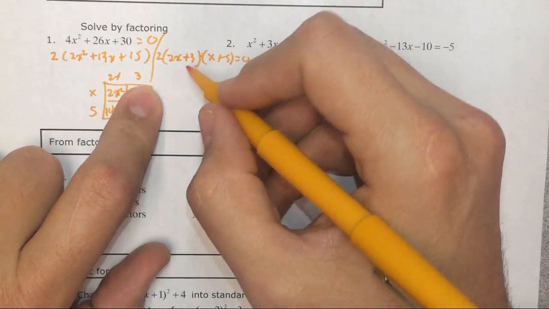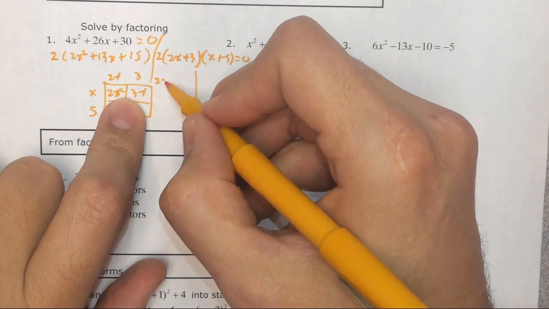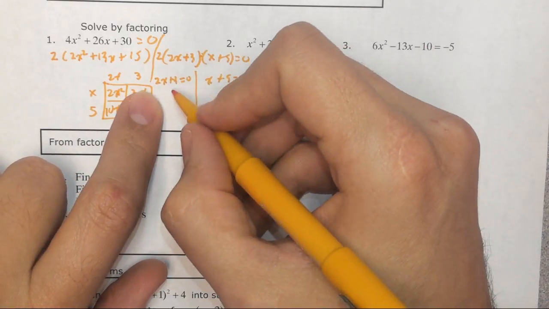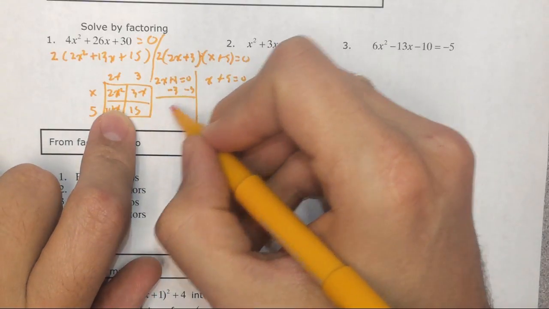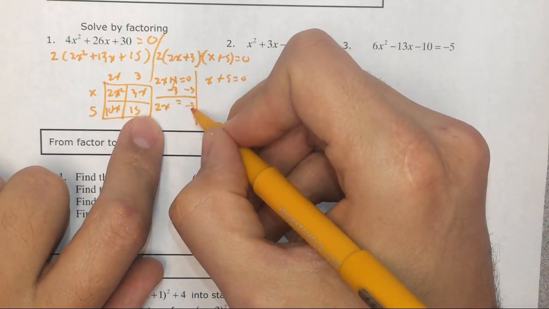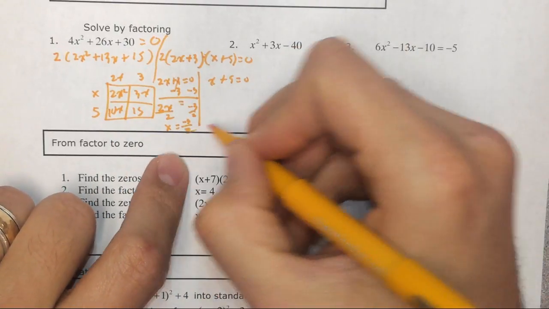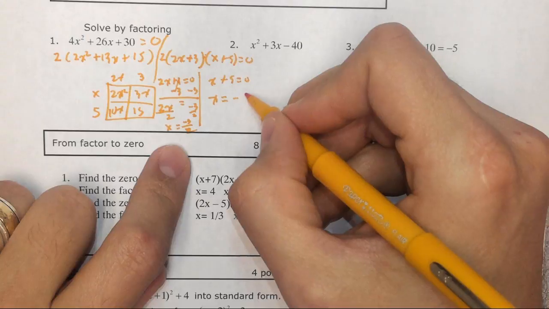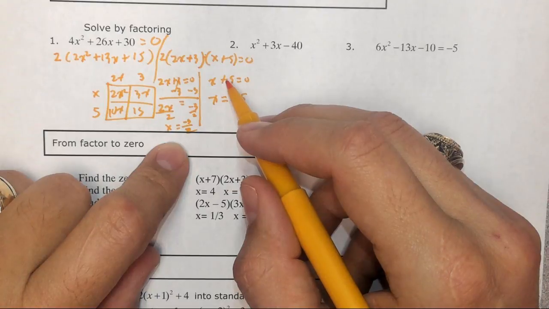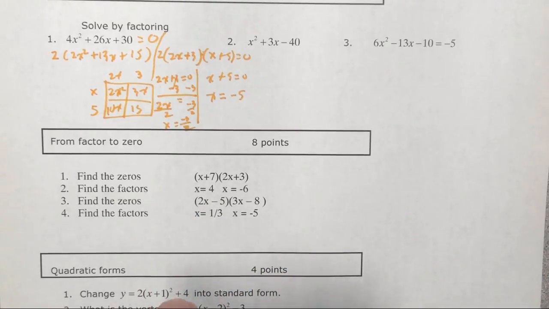To finish this off, I can ignore the 2 for now, and I need 2x plus 3 equal to 0, x plus 5 equal to 0. 2x plus 3, I got to subtract 3's from both sides. 2x, those cancel, equal to negative 3, divided by 2, x equals negative 3 over 2, and this one's going to be x equals negative 5. If there is no number in front of the x, you usually can just switch the sign on this number and get it. Now we'll come back to that later down here in the next section.